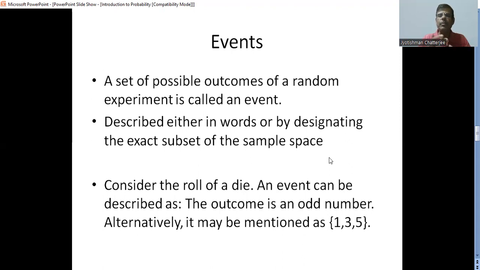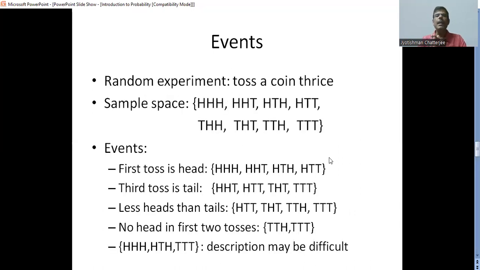So we are talking about this event, which is the set including the sample points 1, 3, and 5, which is same as the outcome is an odd number. Let's consider a few more events so that our understanding becomes clearer.